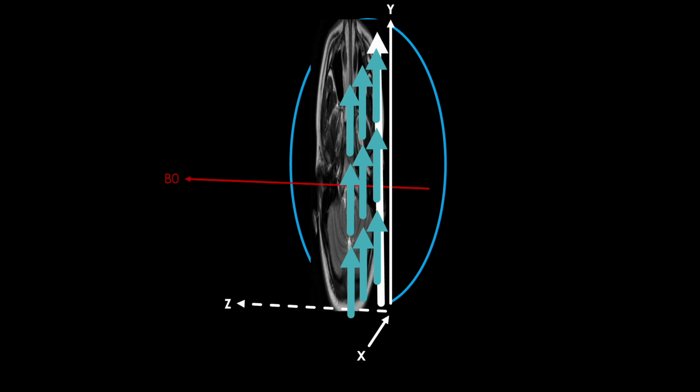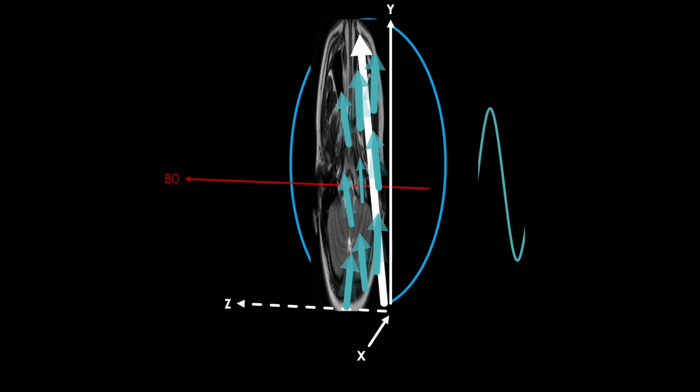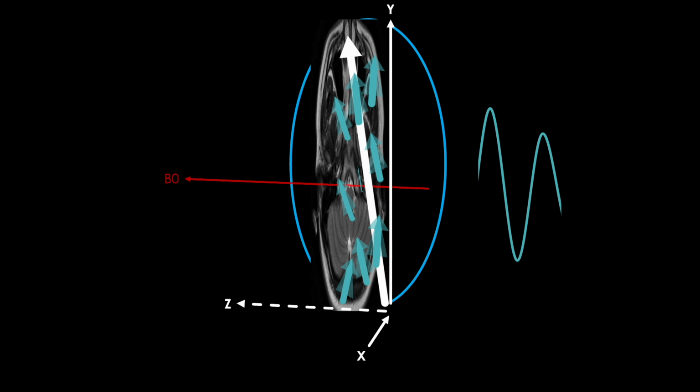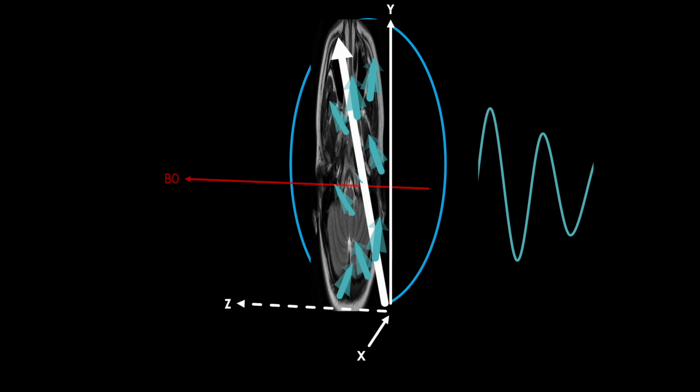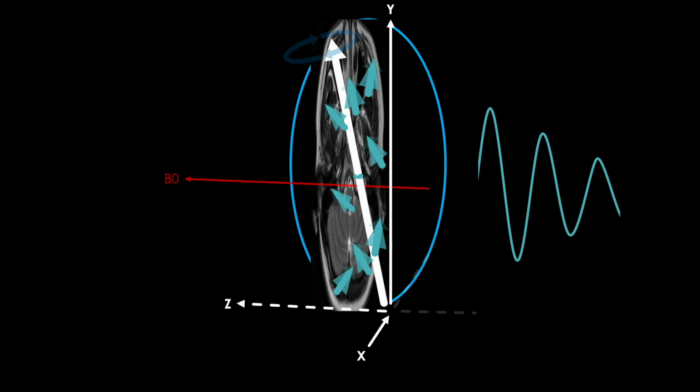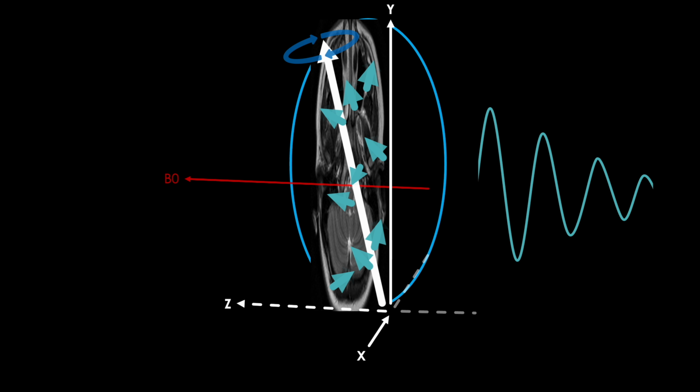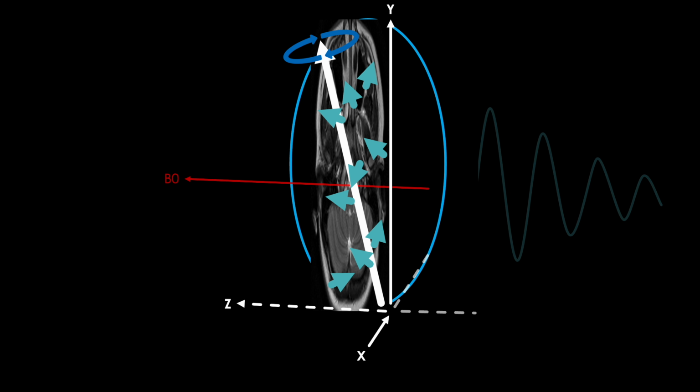And then they will precess, generating our free induction decay signal as they do so, but getting more and more out of phase with each other due to T2 effects, while slowly relaxing back towards the z-axis.